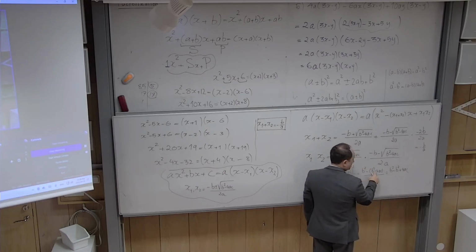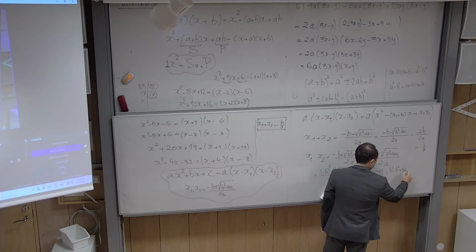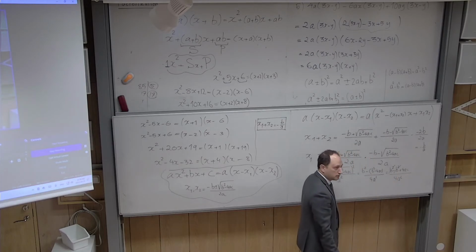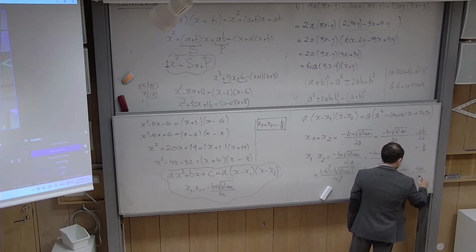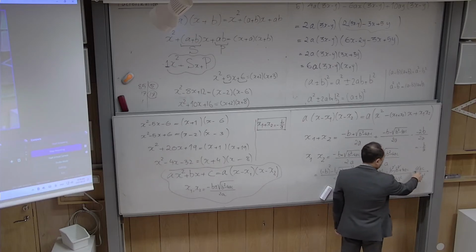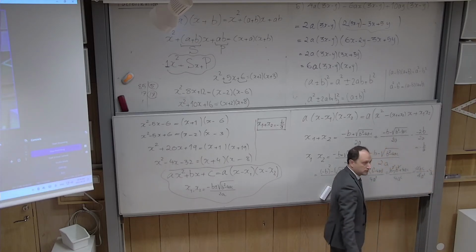The second one, which was negative, now becomes positive, divided by 4a squared. And then again, this part and that part is also gone. And then I am left with 4ac divided by 4a squared. Moreover, this one and that one are also gone. A and one of these a are cancelled. I am left with c over a.